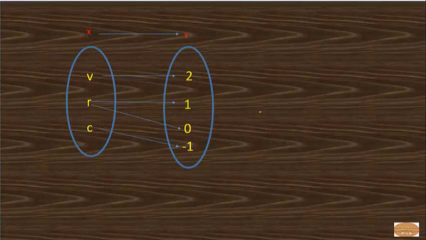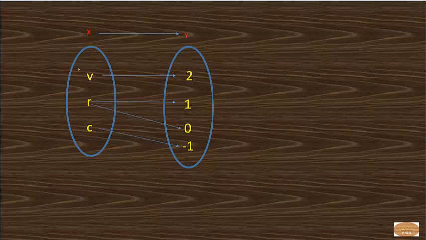Now this one, that is our third example, is a relation but not a function, because R, which belongs to X, is taking 2 elements here. By definition, R is supposed to take only one member in the second set. So here R is taking 2, so it is not a function even though it's a relation.